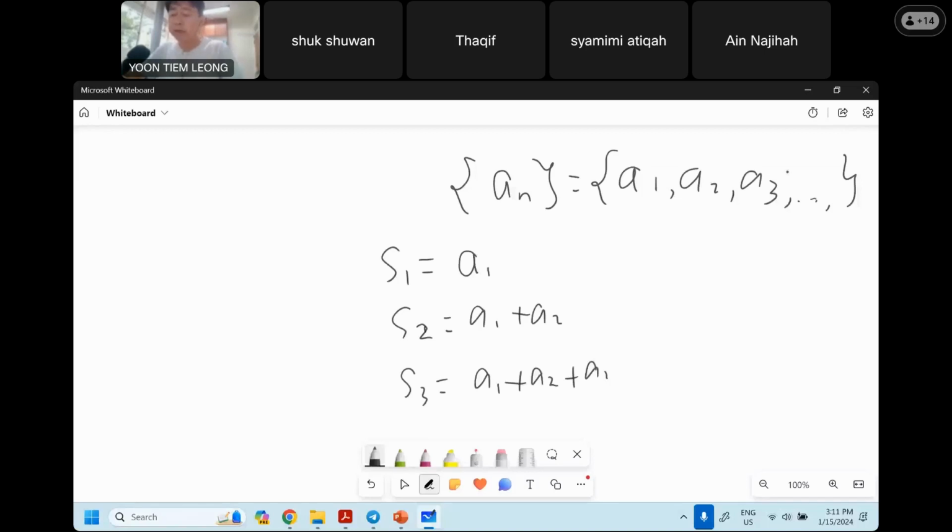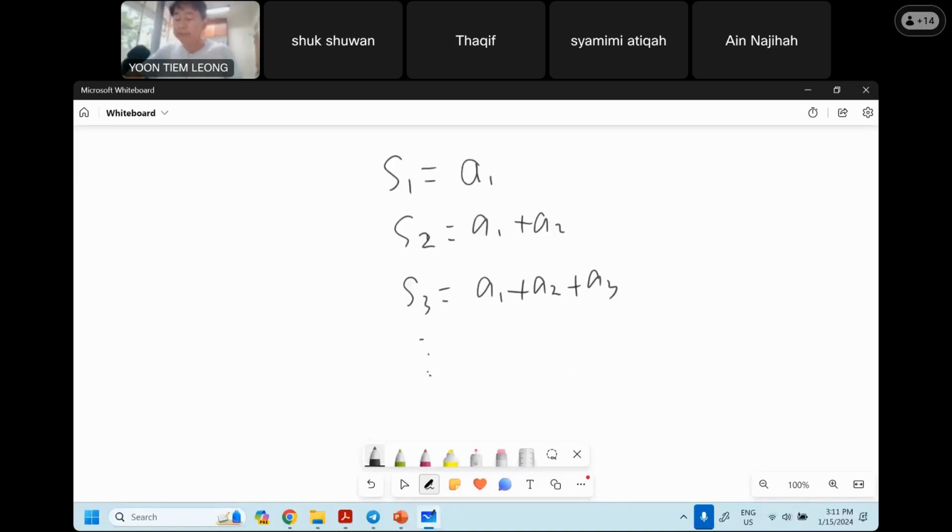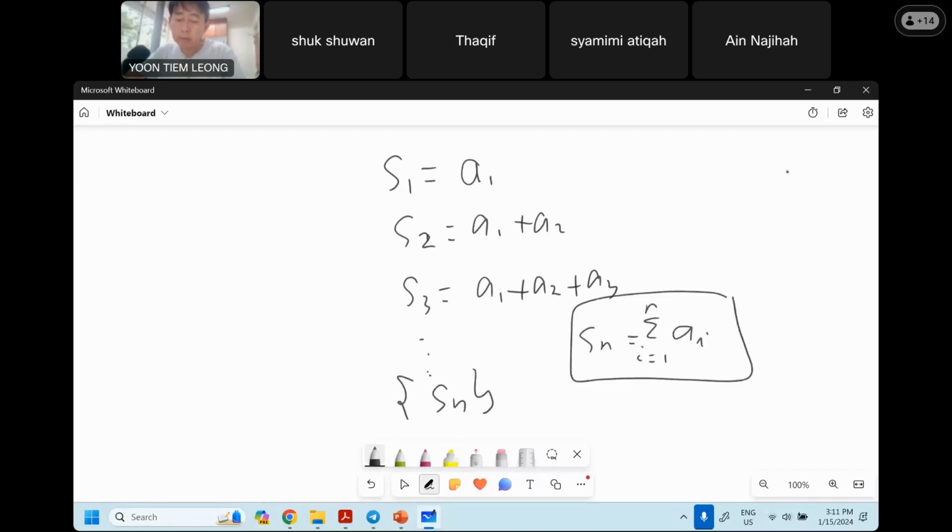Therefore, you can construct a sequence of Sn that is defined as Sn equals the sum of an from 1 up to n. So this is what we call a partial sum. A partial sum is simply the first n terms in the sequence of an.